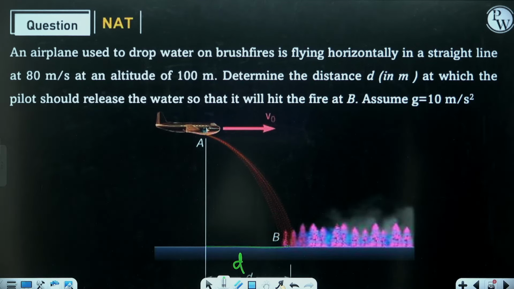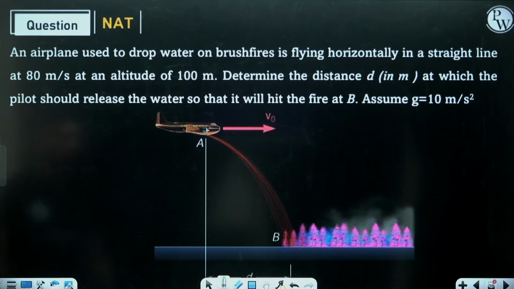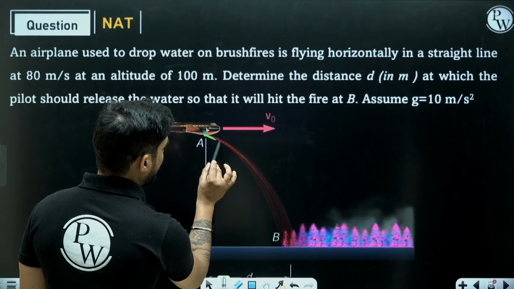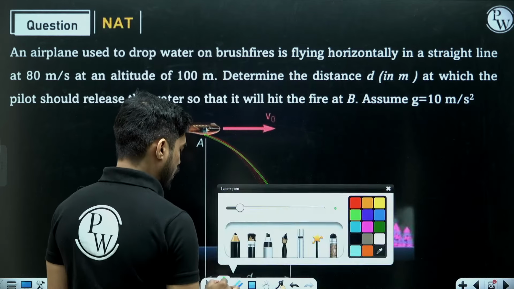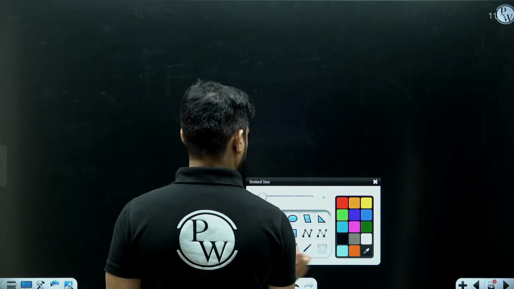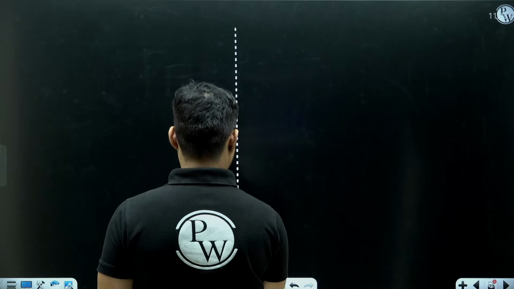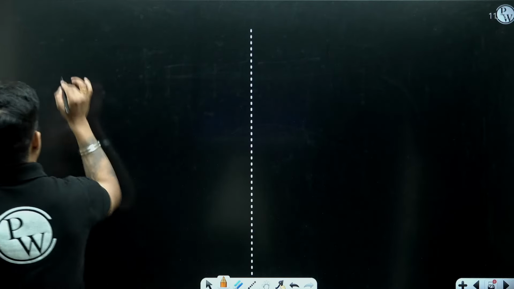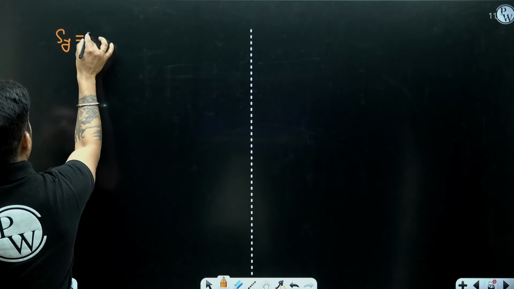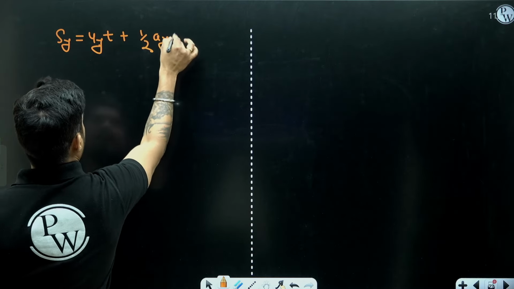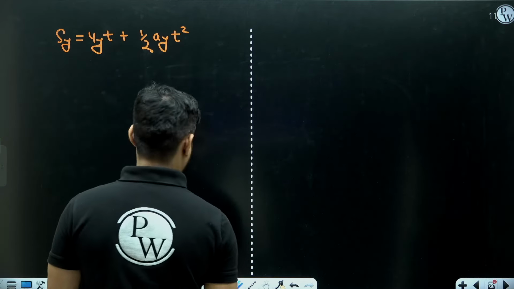Now what we are going to do is, first calculate the time taken for the water to reach from A to B. How can we calculate it? Very simple. We can use this equation: Sy equals Uy into T plus half Ay into T square.